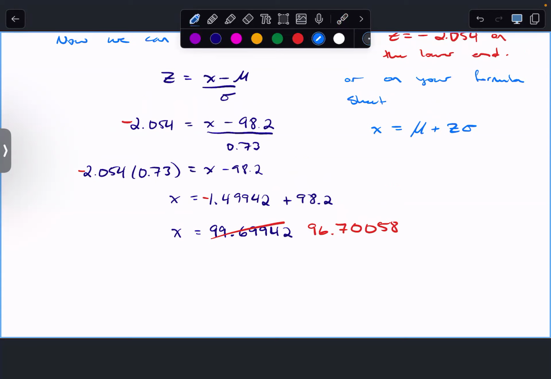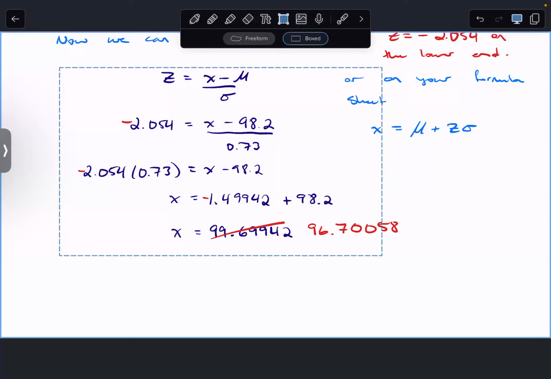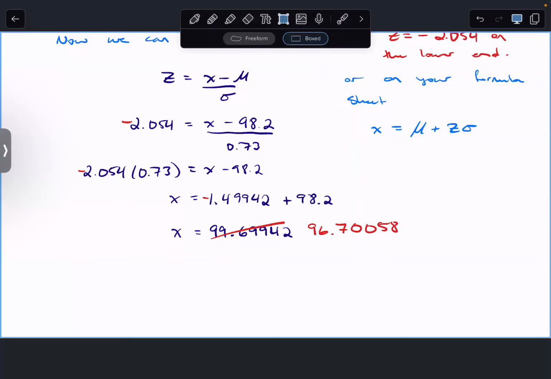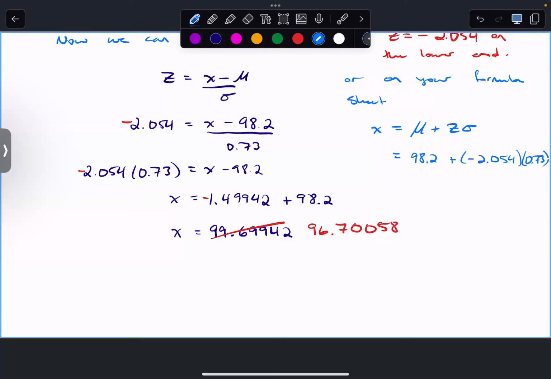If we used the formula on your formula sheet, I'll just run through it so that you can see it. X is 98.2 plus negative 2.054, times 0.73. But you'll get the same answer, 96.70058.